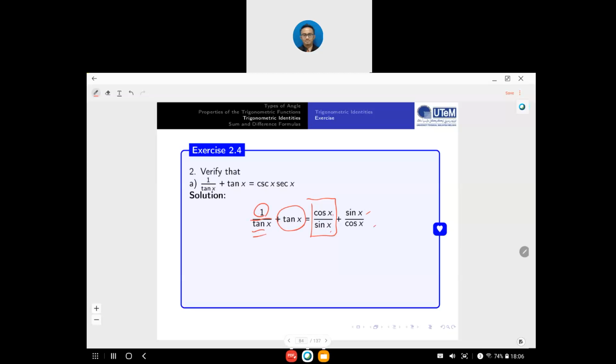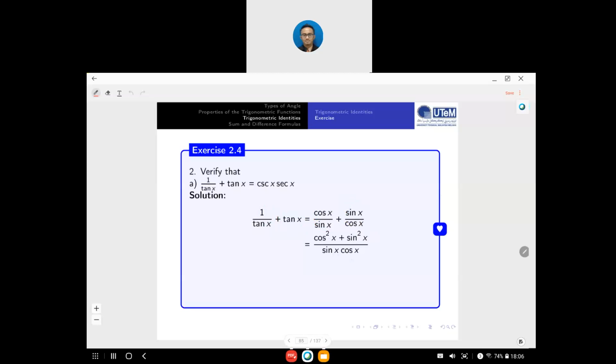When two fractions are involved, you have to combine them. To combine two fractions, the denominators should be equal. To equalize the denominator, you cross multiply, bottom times by itself. So you get cos square x plus sin square x over sin x cos x.